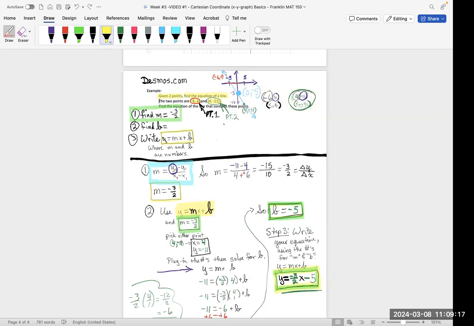Given 2 points, step 1 is find your slope. Step 2 is find your b, your y-intercept. Our y-intercept was -5. Once you have the steepness of the line and you have one point on the line, like 0, -5, you can then write the equation of the line.